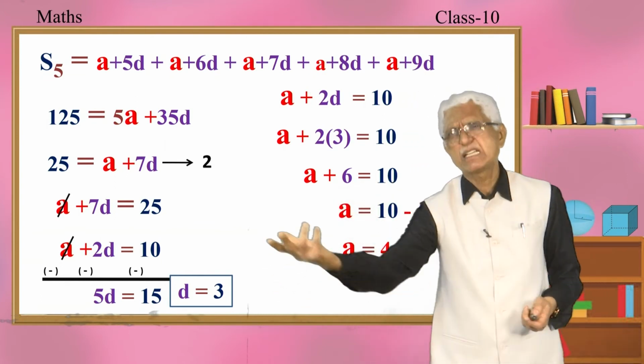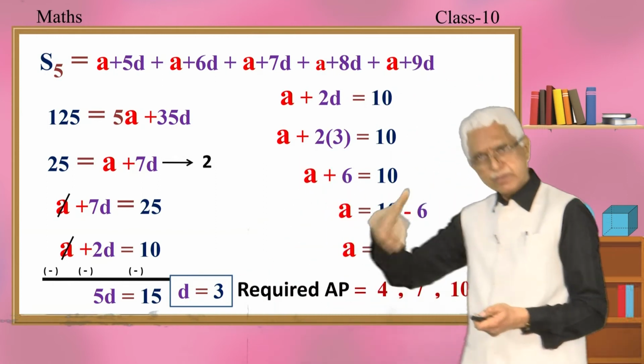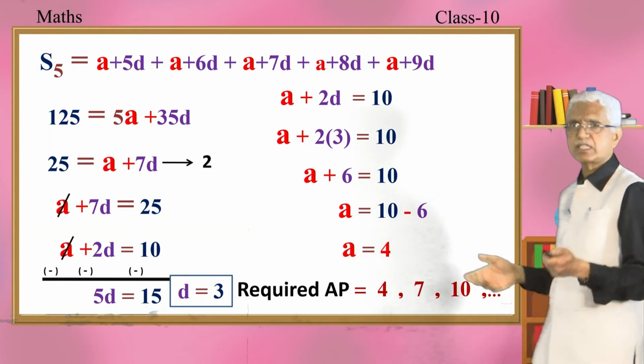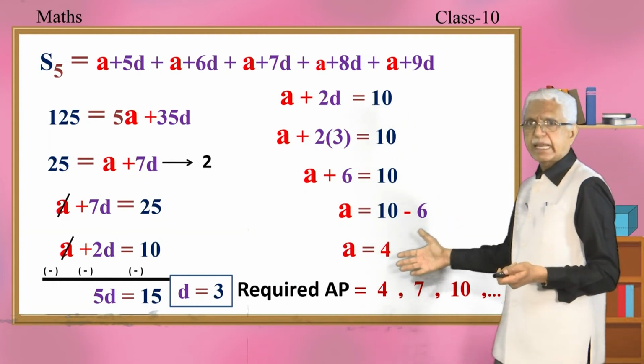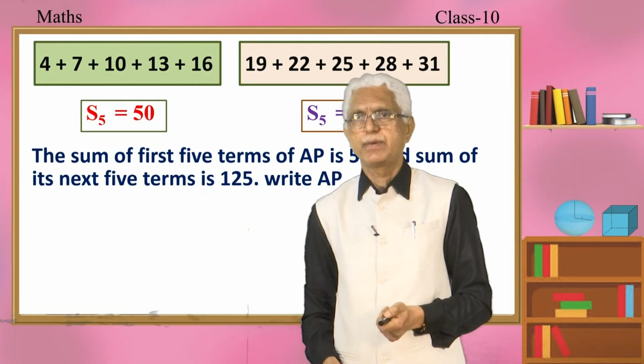Writing the AP is first term, plus difference, plus difference, plus difference. First term is A, 4; second term 4 plus common difference 3 is 7; plus common difference 3 is 10. So you got your AP. Correct?